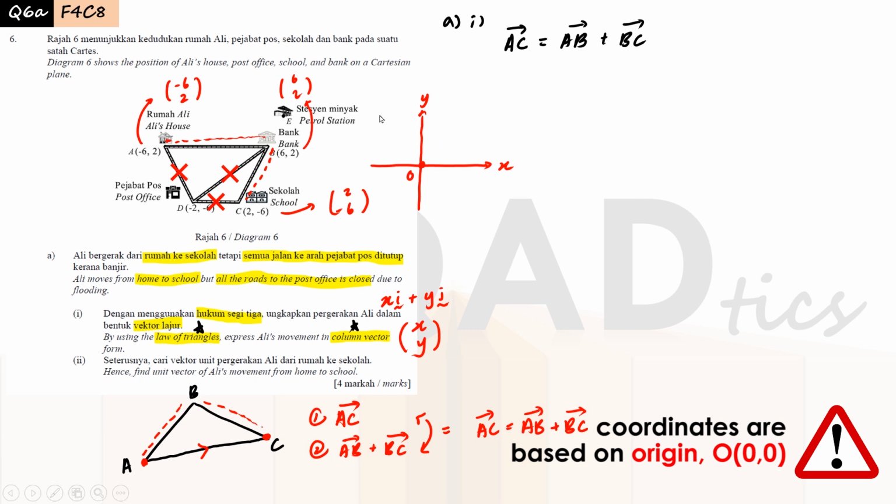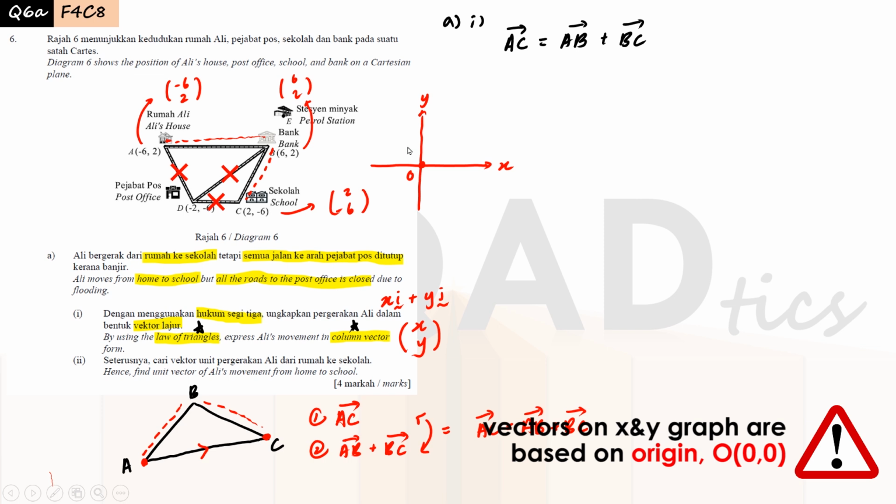All of the points here are based on this (0, 0). If the (0, 0) moves to somewhere else, all of these points will also change, because they are all based on this origin point. This is similar to vectors as well. All of the vectors follow the origin.